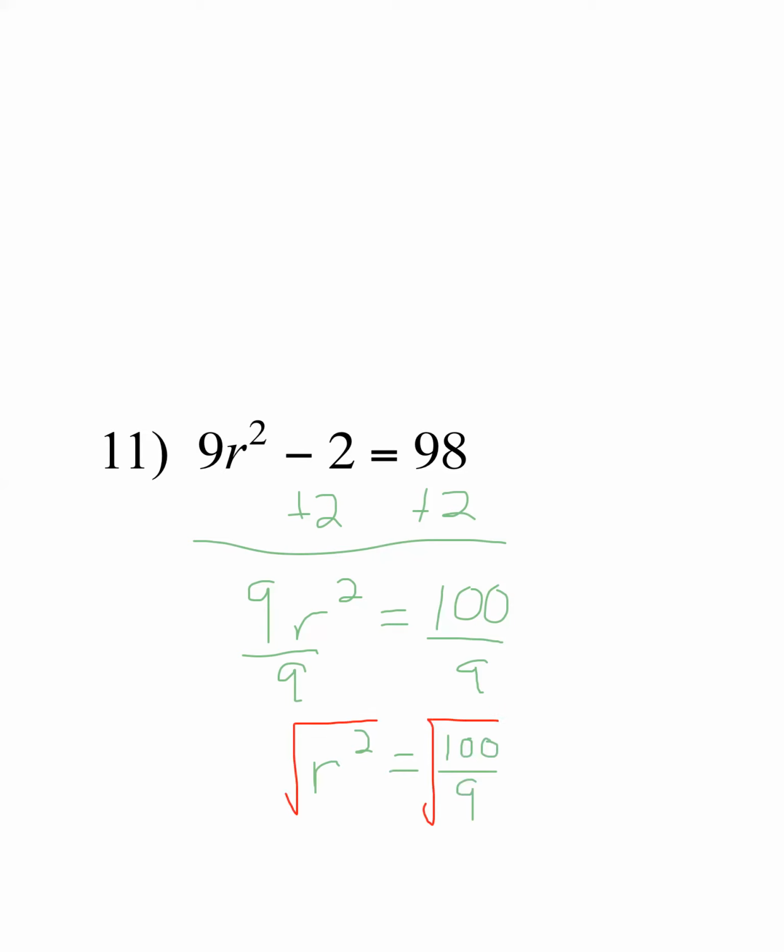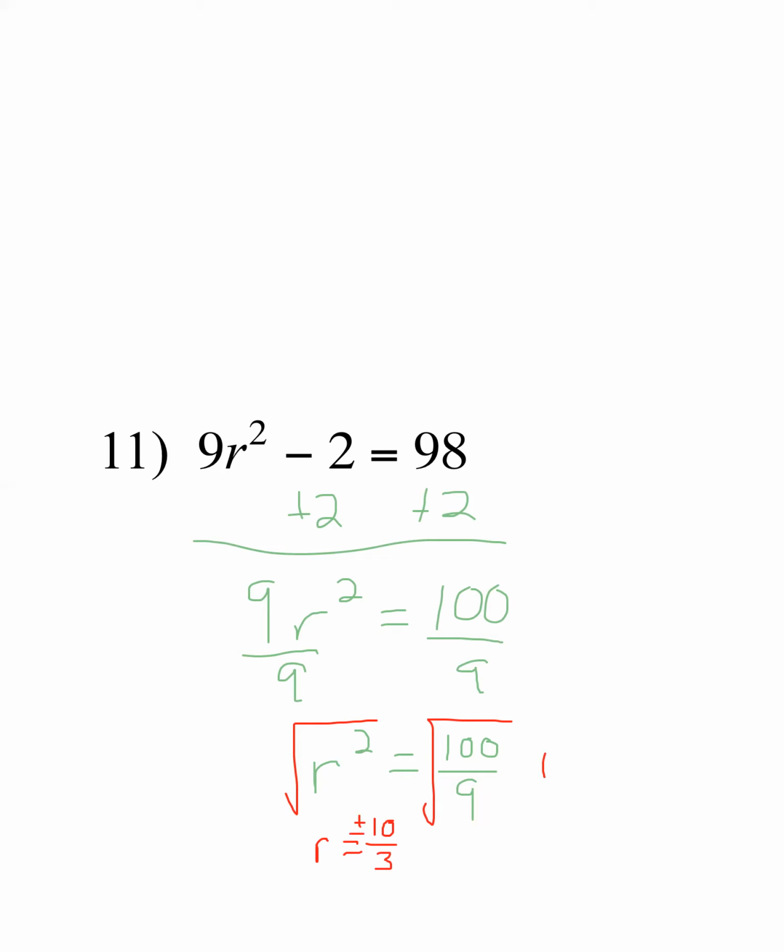You know how to take the square root of a fraction. Remember, it's just taking the square root of the top and the bottom separately. So I'm going to get r equals, the square root of 100 is just 10, and the square root of 9 is just 3. But what do I need? Plus and minus, always. Always, always, always need positive and negative.